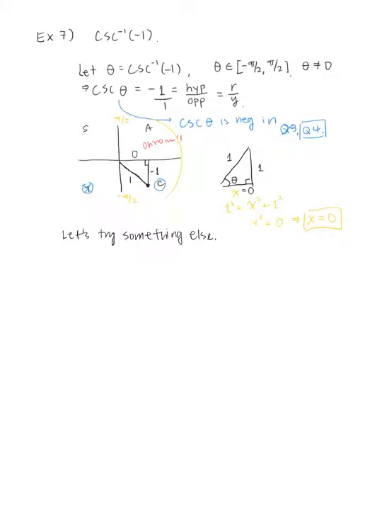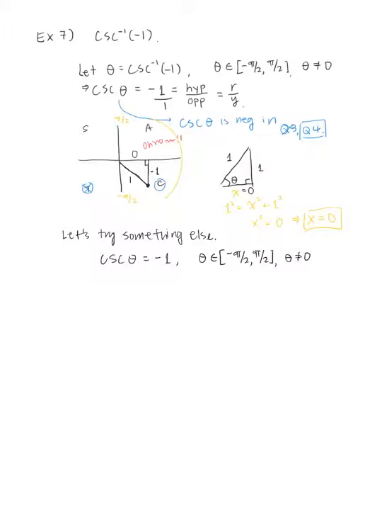If that fails, let me draw a picture of the cosecant graph. Let me write down: cosecant of theta equals negative 1, and theta must be between negative pi over 2 and pi over 2, keep this in mind, and theta cannot be 0.